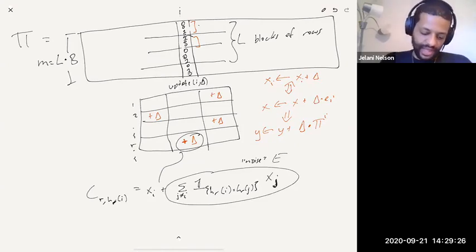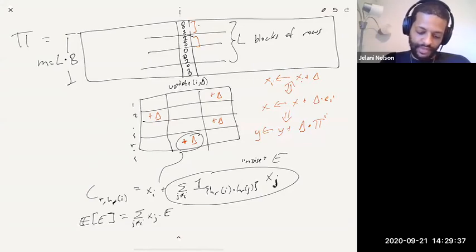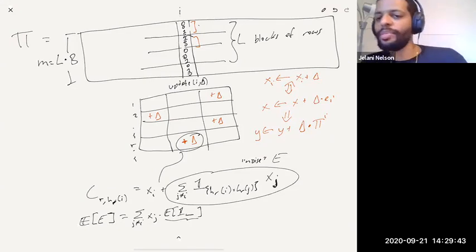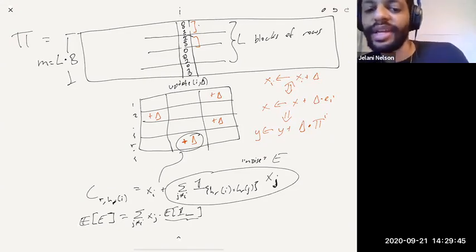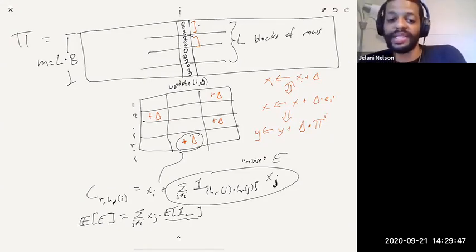Now, what's the expectation of E? By linearity of expectation, it's the sum over all j not equal to I of xj times the expectation of that indicator variable. And this is just the probability that they collide, right? And this is where I use pairwise independence, two-wise independence of the hash function, because I'm looking only at two items at a time.